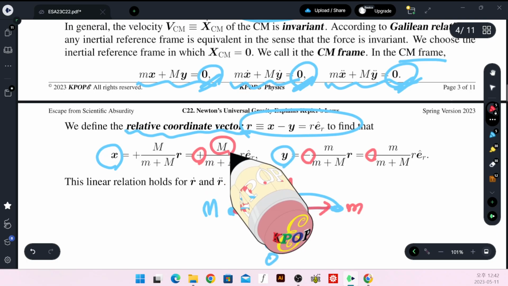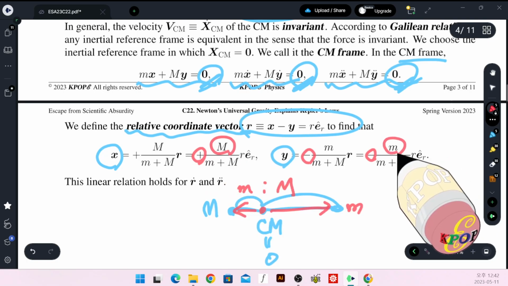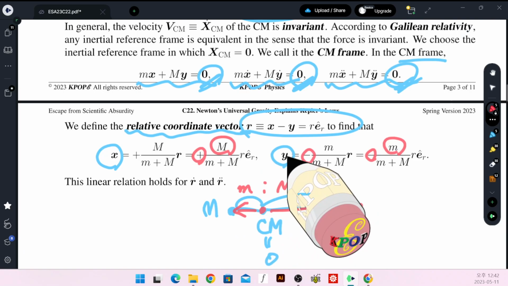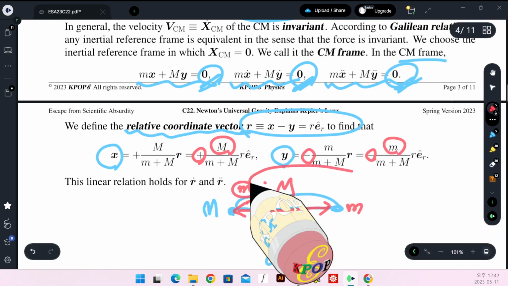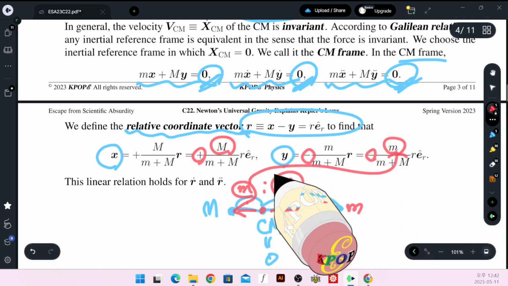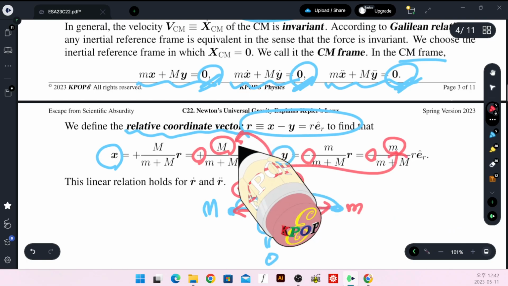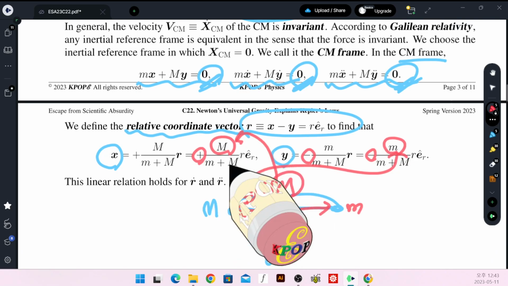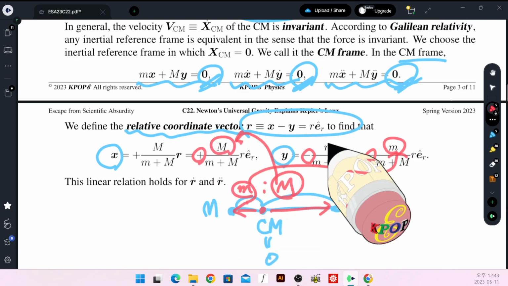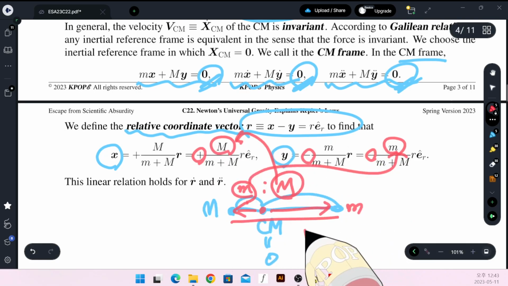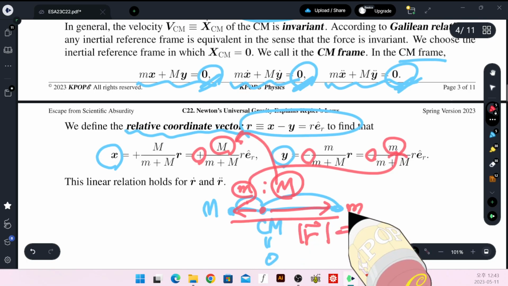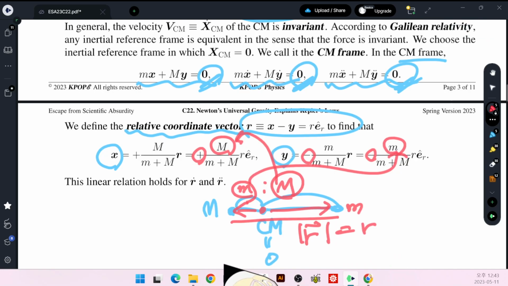This small m distance appears here and this factor appears here. So this fractional multiplication is multiplied by the relative coordinate vector's magnitude, that is the distance between the two objects.